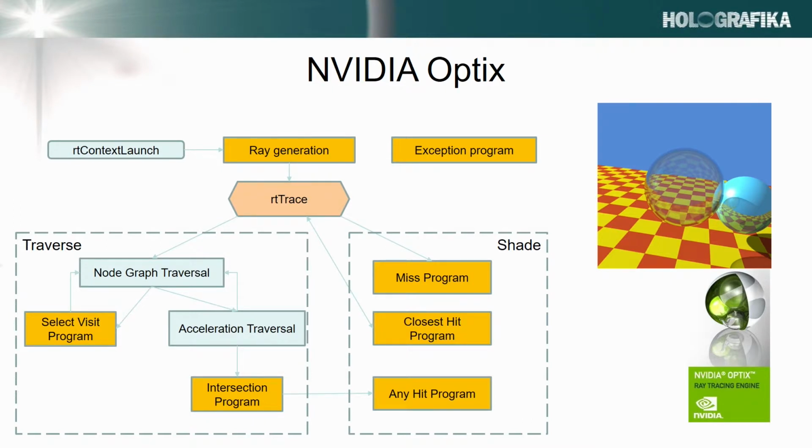We have a select visit program that can determine the level of detail of the mesh that we want to investigate. We have acceleration traversal, and we have the intersection, which goes into the AnyHit program. And if we hit anything, then we can get to the closest hit program, and here we evaluate the shading. So either in the AnyHit, the closest hit, or the miss. The miss usually evaluates the cube map or the environment map. AnyHit usually evaluates shadows, and the closest hit evaluates the materials.